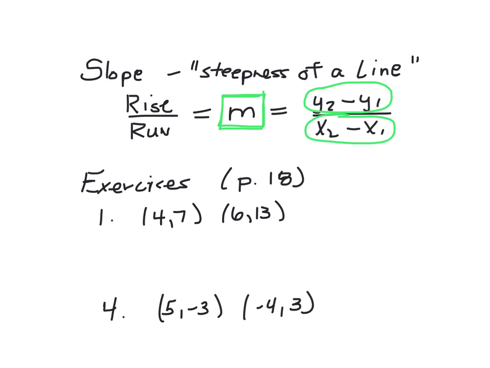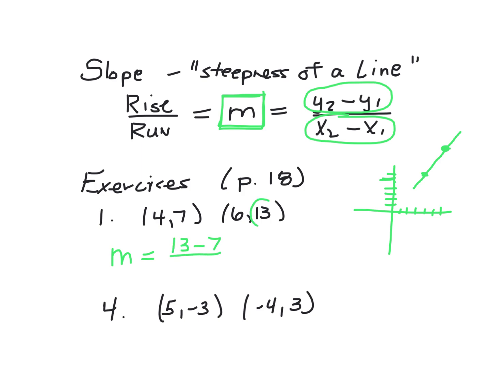The exercise on page 18 asks you to find the slope of a line that goes through these 2 points. So if I have the point (4, 7) and (6, 13), we want to find the slope of this line. Obviously that line is rising from left to right, so it should be a positive slope. Using my slope formula, my change in y will be 13 minus 7.